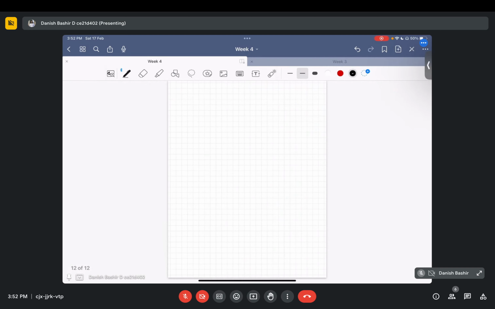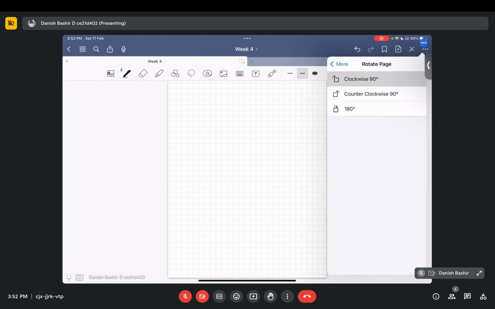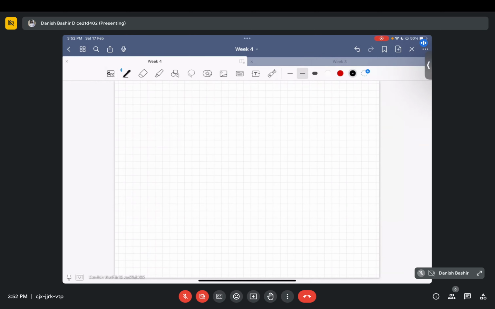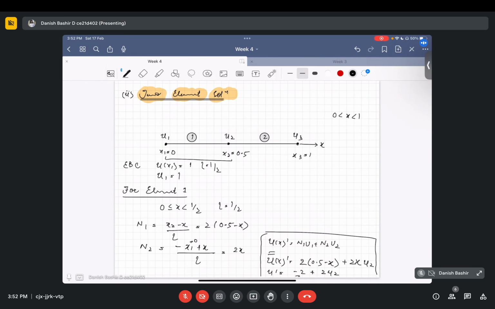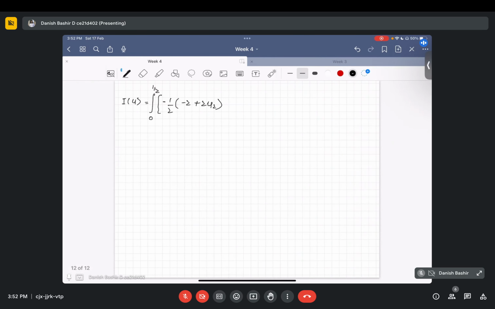Once I put all these appropriate u of x in the appropriate functionals, I will get the integral from 0 to 1 by 2 like this, minus 1 by 2. This is for the first element, remember. For the first element, u dash of x is equal to minus 2 plus 2 u2, and in the functional it's squared, plus x square times u of x.